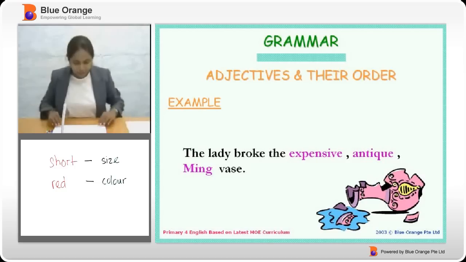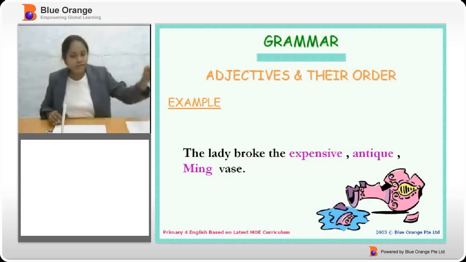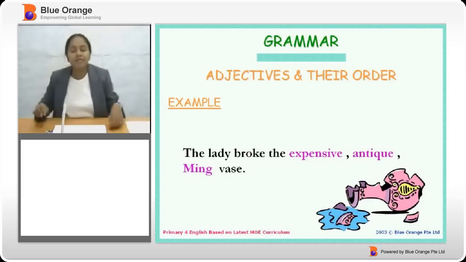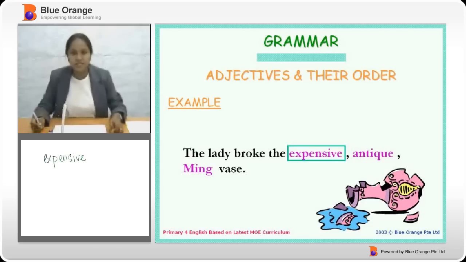Let's take a look at another example. The lady broke the expensive antique Ming vase. Now we know that expensive is an adjective, but it does not give us specific information. It does not tell us that it costs $1,000 or $1 million, but it just tells us that it is expensive.